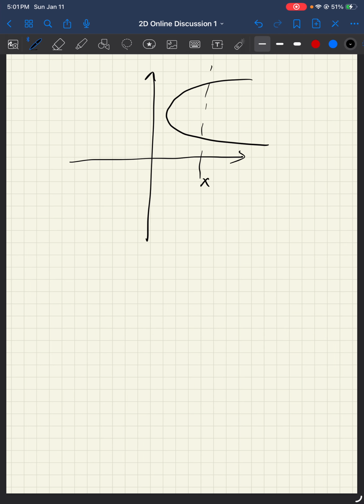So this is my x, and this is at t1, and this is at t2, right? So both t1 and t2 correspond to the same x. But then there is no way I can express this graph, this curve, as graph of a function F(x). There's just no way, because it does not pass the vertical line test.